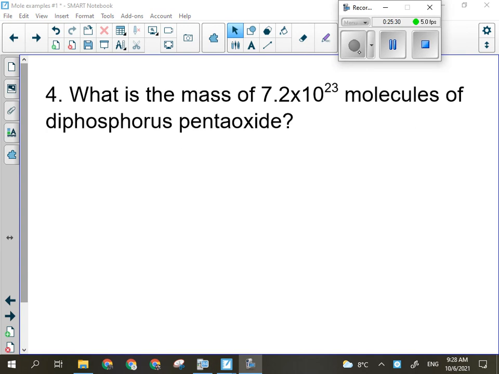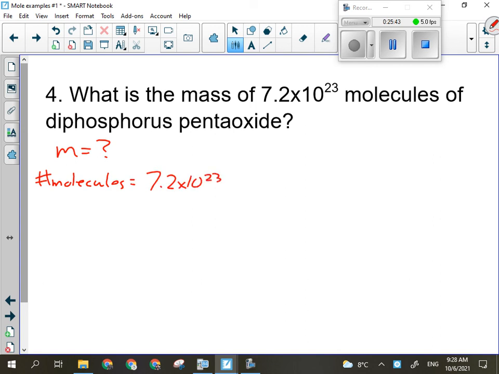So for number 4, we're looking for what the mass is, so we're looking for little m. They tell us the number of molecules is 7.2 times 10 to the 23, so just over a mole, and they tell us that the material is diphosphorus pentaoxide, P2O5.